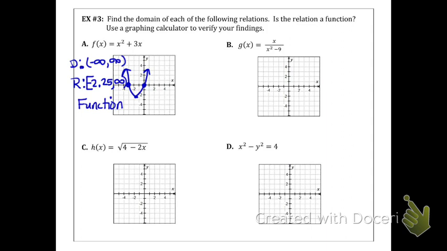All right, for B, at this point, to be honest, I would use my calculator to kind of just help me through this. And so at B, we're going to have a vertical asymptote at -3 and +3. And we have an x-intercept at 0, 0.